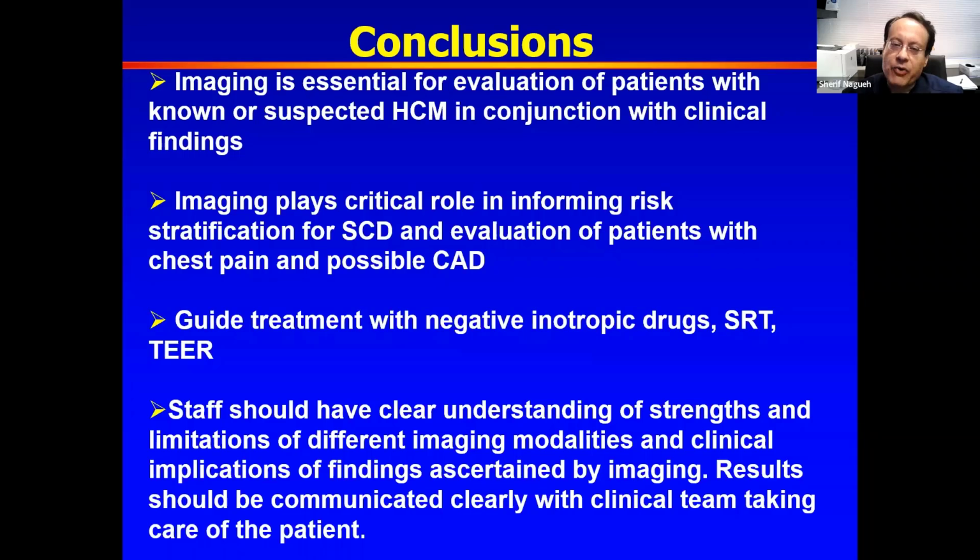Is it necessary for HCM patients to have 3 different imaging modalities for risk stratification? For risk stratification, you do not need all 3 different imaging modalities. I would say the echocardiogram is the starting point for sure.